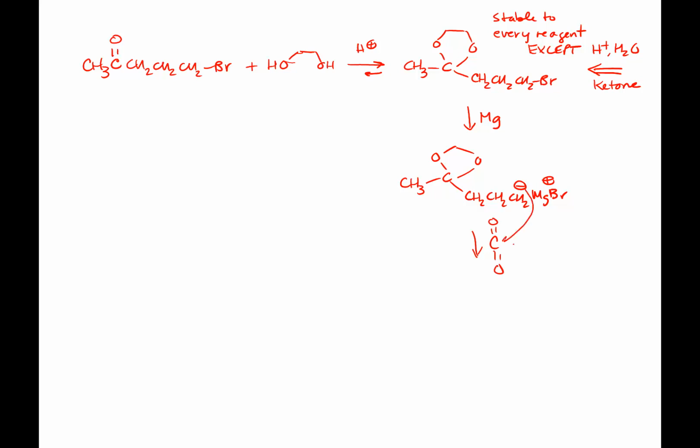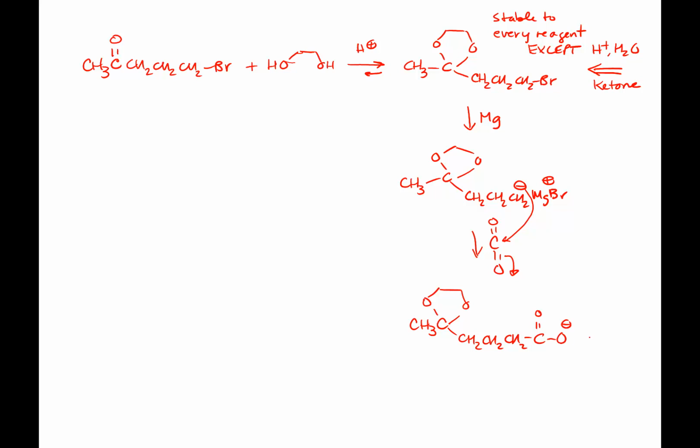The C minus is going to come in and attack one of the carbonyl groups. Well, it's going to react with CO2, and I'm going to end up adding that group, forming this molecule with the minus charge.